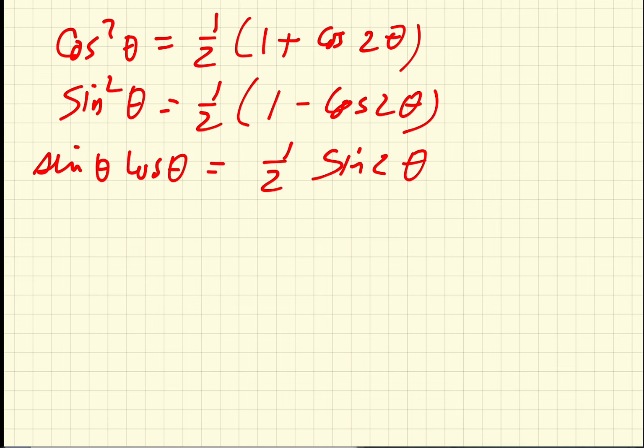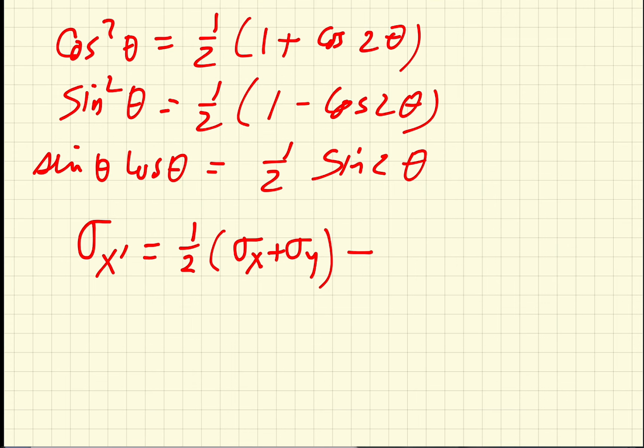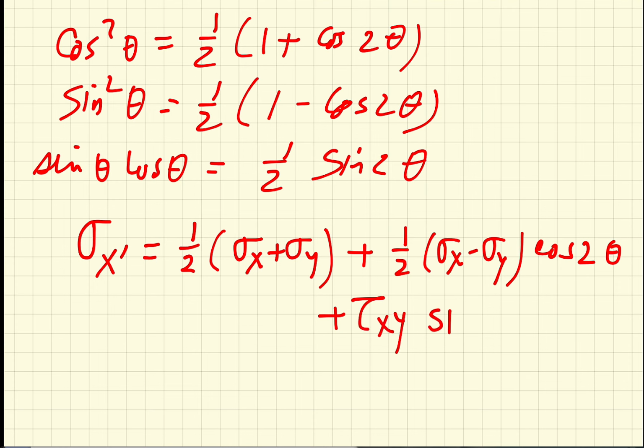If I do that and rearrange, I find that I can write sigma x prime as equal to 1/2 of sigma x plus sigma y, plus 1/2 of sigma x minus sigma y times cosine 2 theta, plus tau xy sine 2 theta.